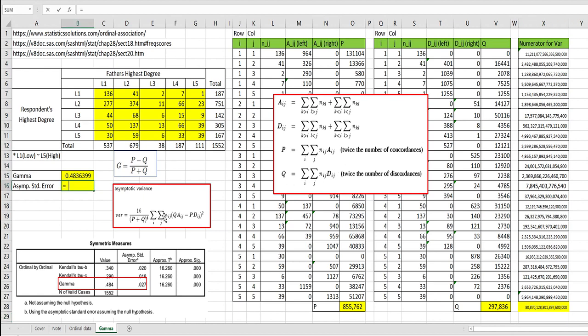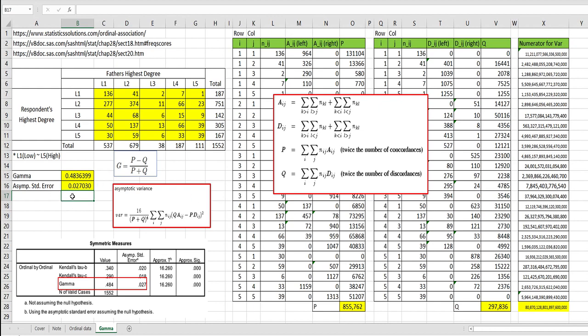We need to use square roots to get the standard error. 16 multiplied by the numerator part over P plus Q to the power of 1. Cool.